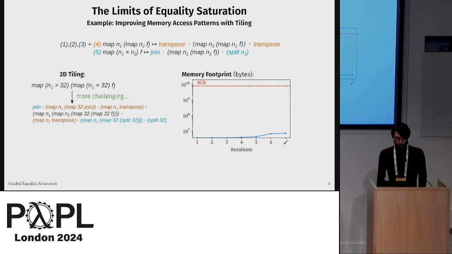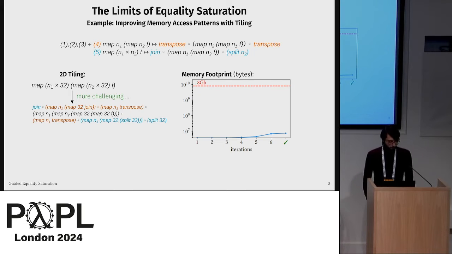As you can see with the colors, the transpose functions are coming from the fourth rewrite rule, and the split and join functions are coming from the fifth rewrite rule. If we look at the memory footprint of using equality saturation to achieve this goal, it takes 6 iterations, and we are using a couple of megabytes of memory.